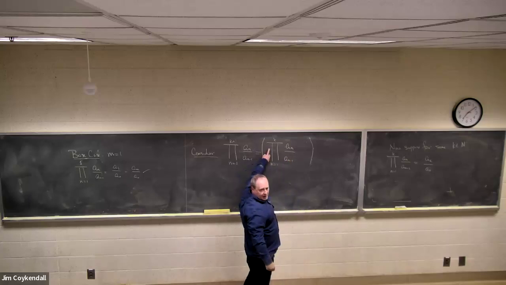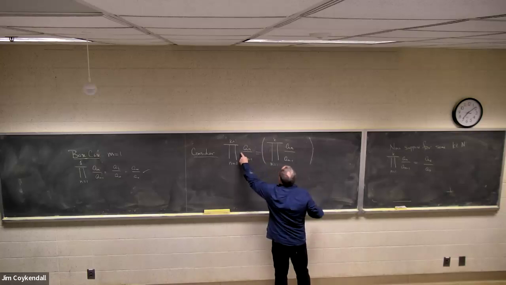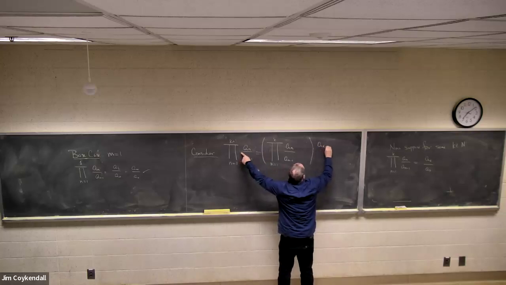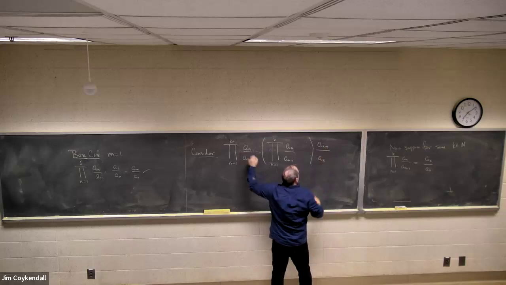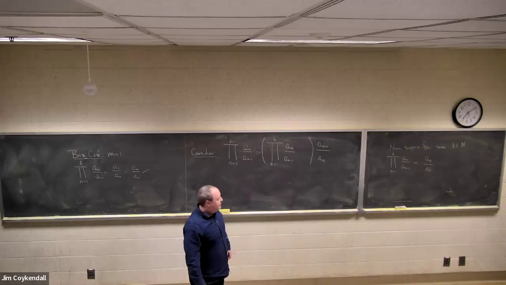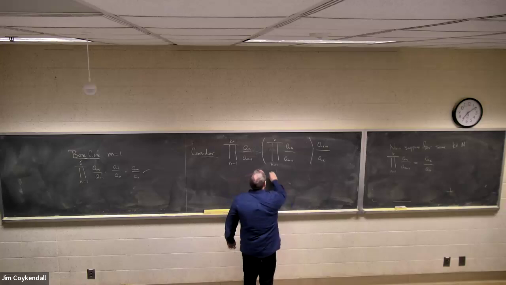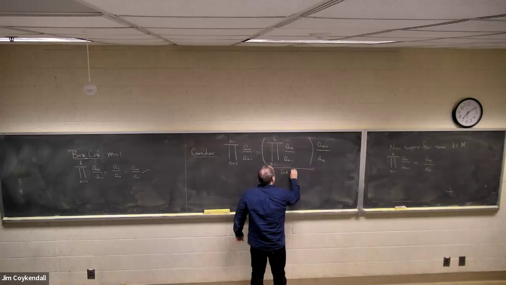This is the product of the first k of them. And then what's the last term? It's that. Do I agree with that? And to this, the inductive hypothesis applies.